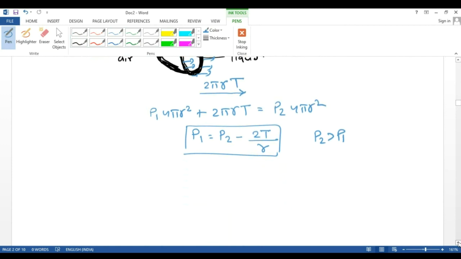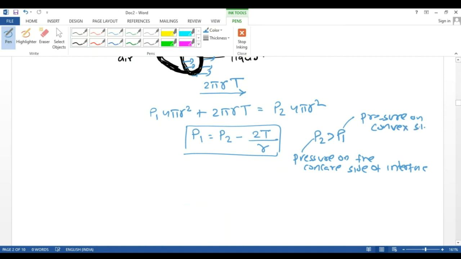So you must understand what P2 is here. P2 is the pressure on the concave side of the interface, which is more than the pressure on the convex side of the interface.